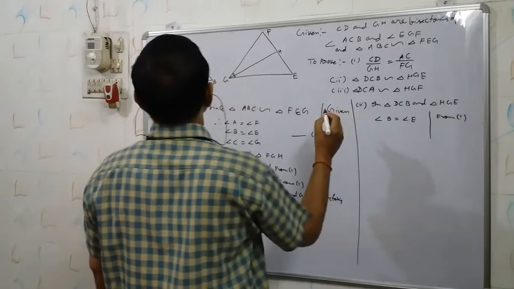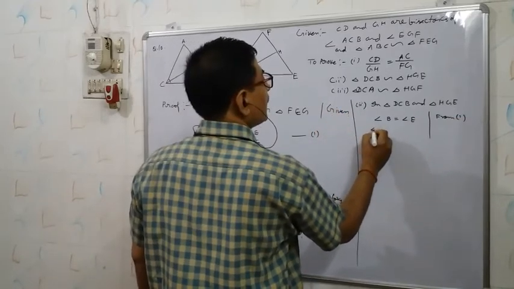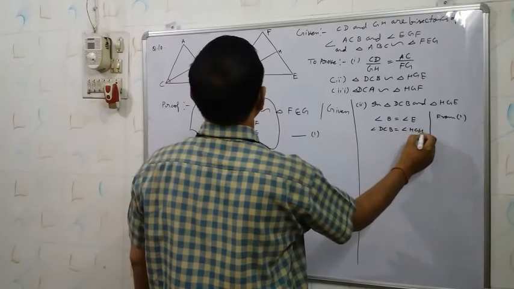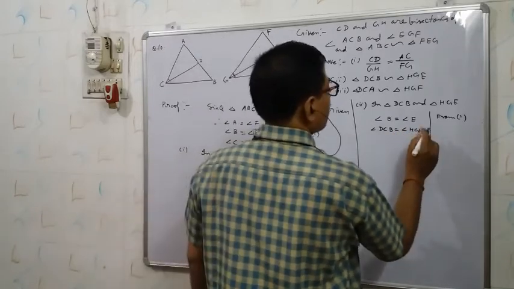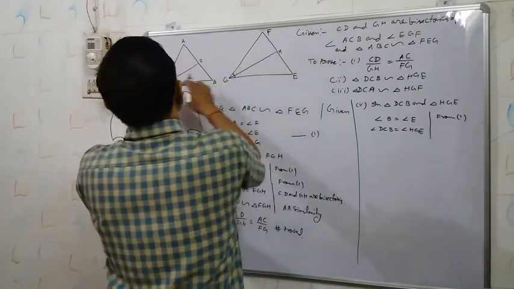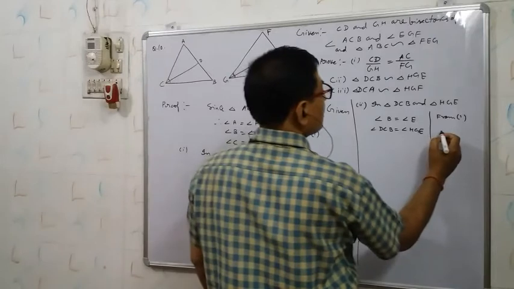And angle DCB equals angle HGE. Why angle HGE? Because CD and GH are the bisectors.